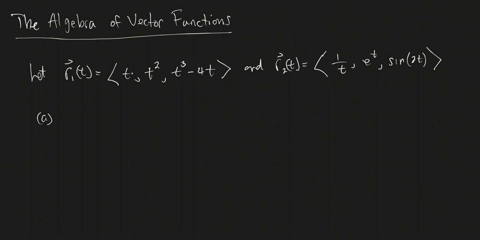In fact, of the 6 components here, I say 6 because there are 3 components for R1 and 3 components for R2. Of the 6 components, only one is linear, and that's the x component of R1. So if we were to answer this question, it's really 2 questions in one.